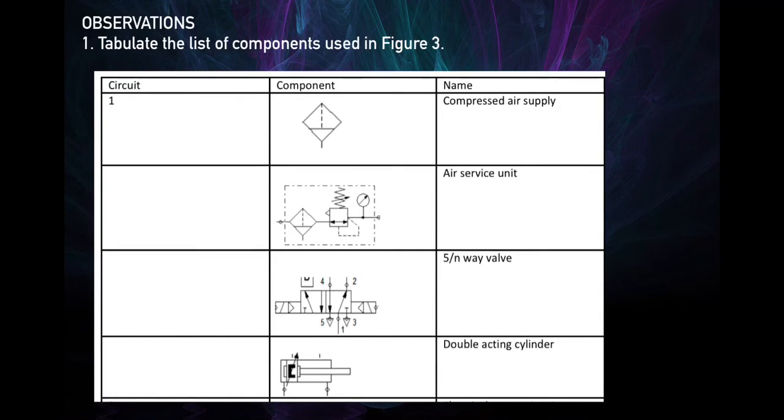Observation number 1 for lab activity 3. Tabulate the list of components used in figure 3. For circuit 1, component number 1 is the compressed air supply, component number 2 is the air service unit, component number 3 is the 5/2-way valve, and component number 4 is the double-acting cylinder.